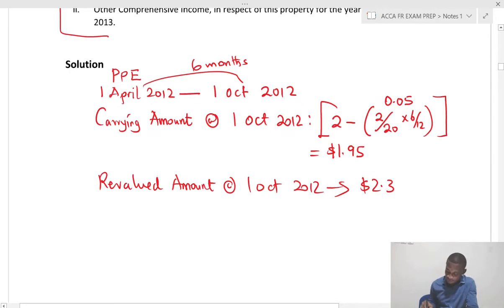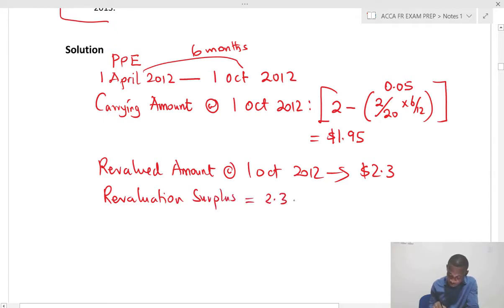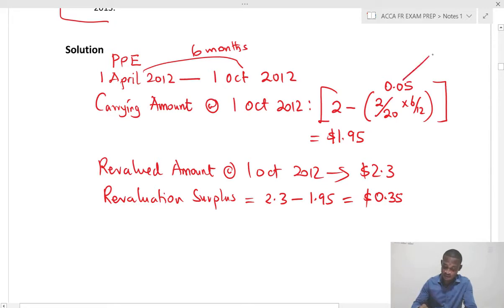What it then means is that there is going to be a revaluation surplus, which should be 2.3 minus 1.95, which is 0.35. In terms of the financial statements, note that this depreciation should go to P&L. This gain, as per IAS 16, should go to OCI.